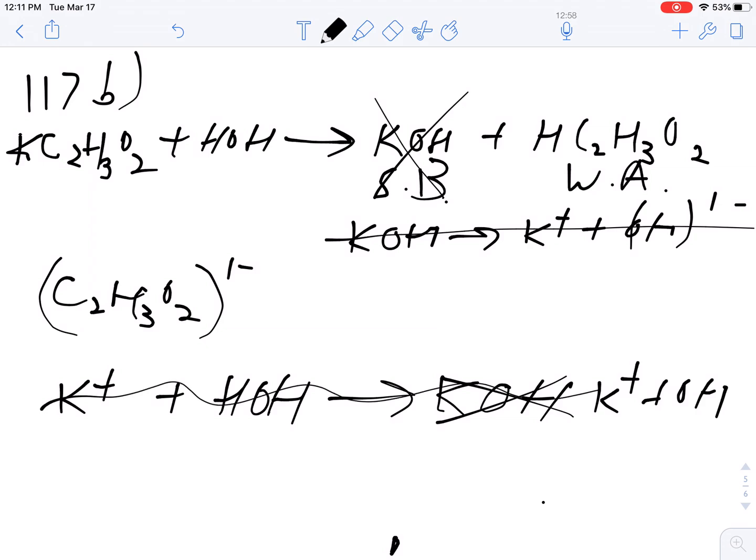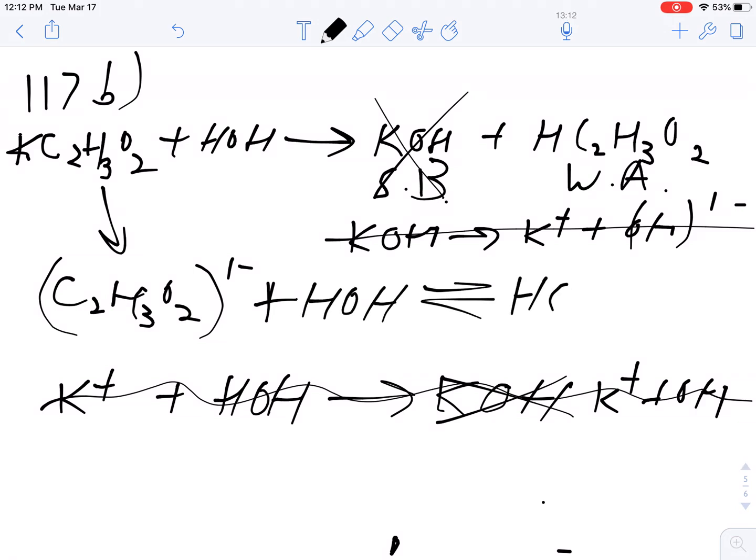But the anion, the acetate, that is going to react with water. And it's going to produce acetic acid plus OH.